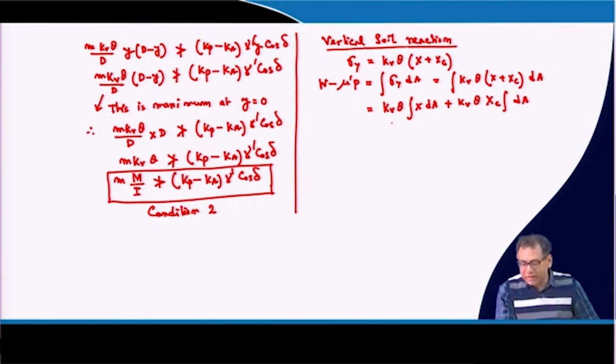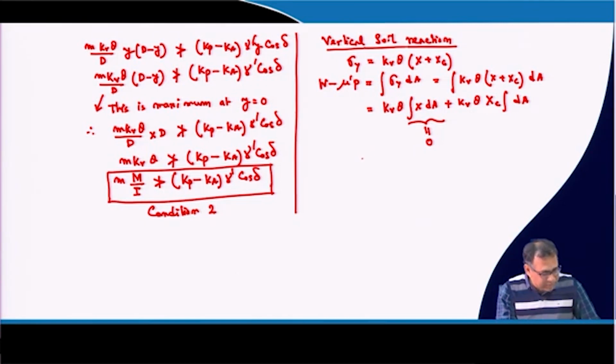I have already discussed that this first part will be equal to 0, because the CG is the center of the base, so integration x dA is 0.